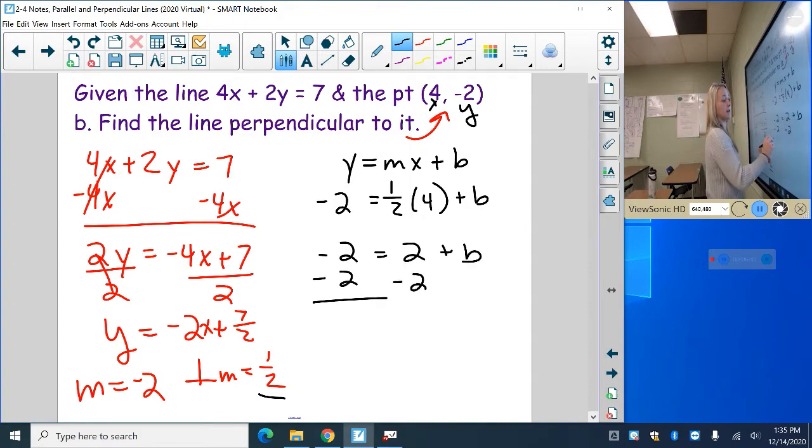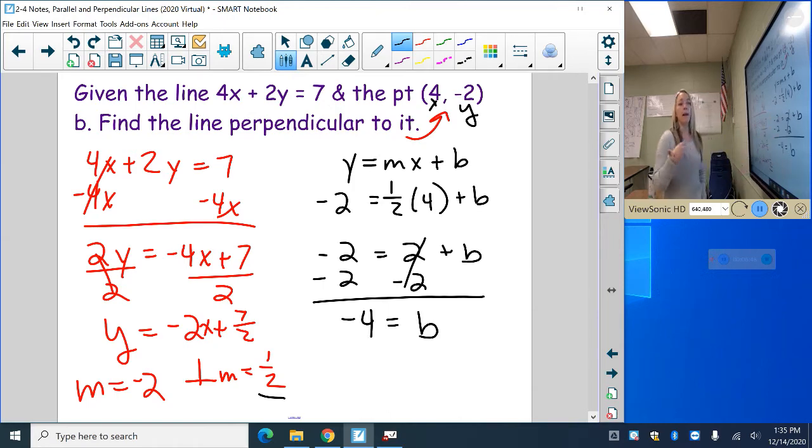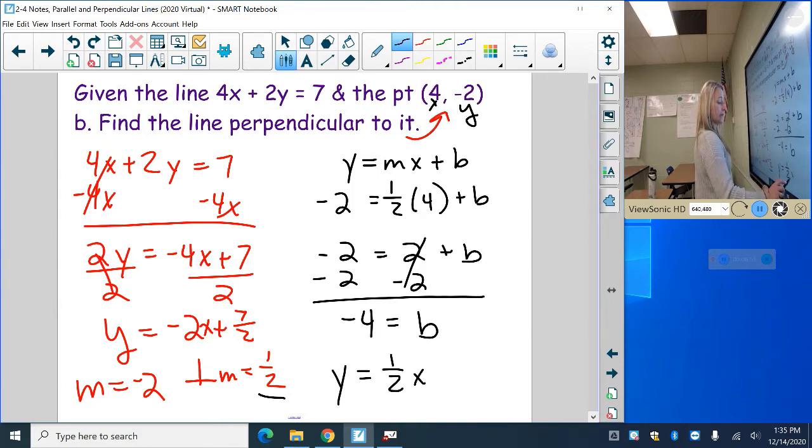Subtract 2 from both sides to solve for b, and I have negative 4 equals b. So the equation of my line that's perpendicular to that line is y equals my perpendicular slope, 1/2, x, and then my new y-intercept, which is negative 4.